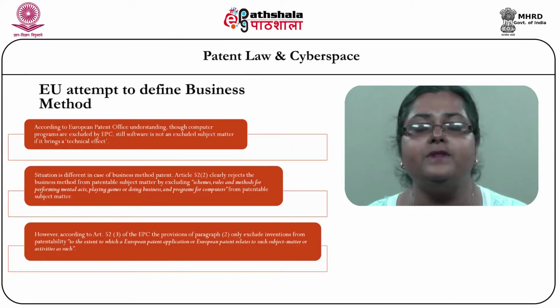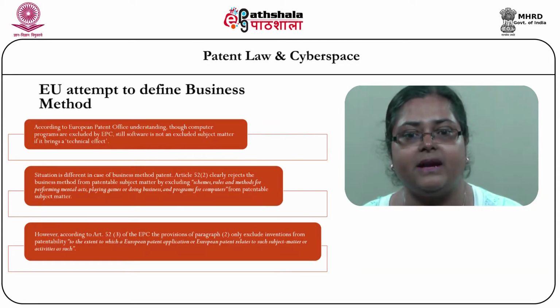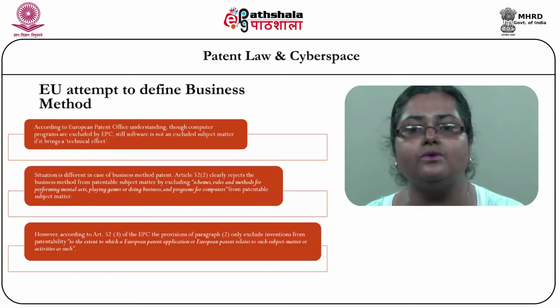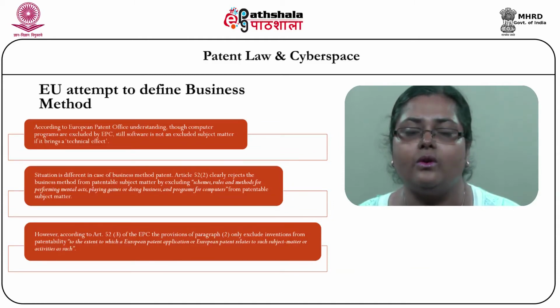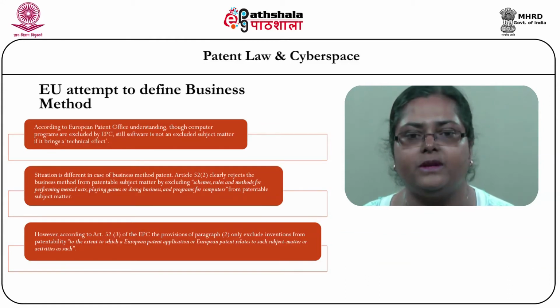Now Article 52 clearly rejects business method from patentable subject matter by excluding schemes, rules, methods for performing mental acts, playing games or doing business and programs for computers. So straight ahead, European Union is rejecting business method patent and software patent through the list of the non-patentable subject matter.